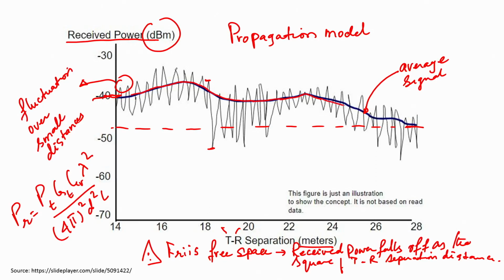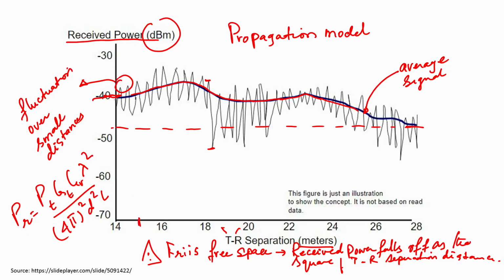Over long distances, as the distance increases, the average power varies very gradually. But that is not the case over short transmitter receiver separation distances. Look at this distance, you start at 14 and this is 15, and just by moving 1 meter, look at the way the received power fluctuates.